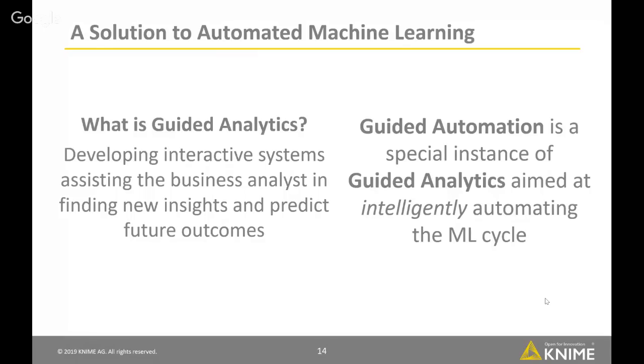But today, the webinar is not about guided analytics. Today, the webinar is about guided automation, which is a special instance of guided analytics. And we are aiming at intelligently automating the machine learning cycle. So we are doing this in an intelligent way. This means that we are not just automating everything.